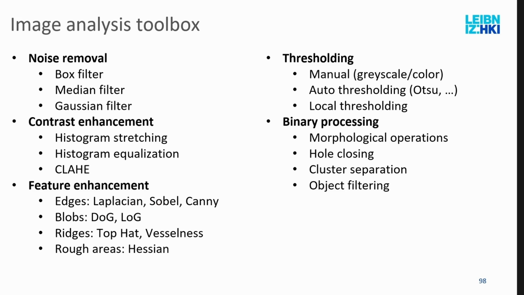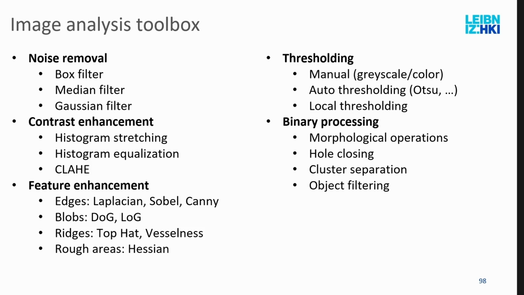So we now have a bit of a toolbox of different image analysis operations where you begin by removing noise. Then you can do contrast enhancement of the image and push up the contrast of pixels you're interested in. Maybe you need to do some fancy operations like local histogram equalization.